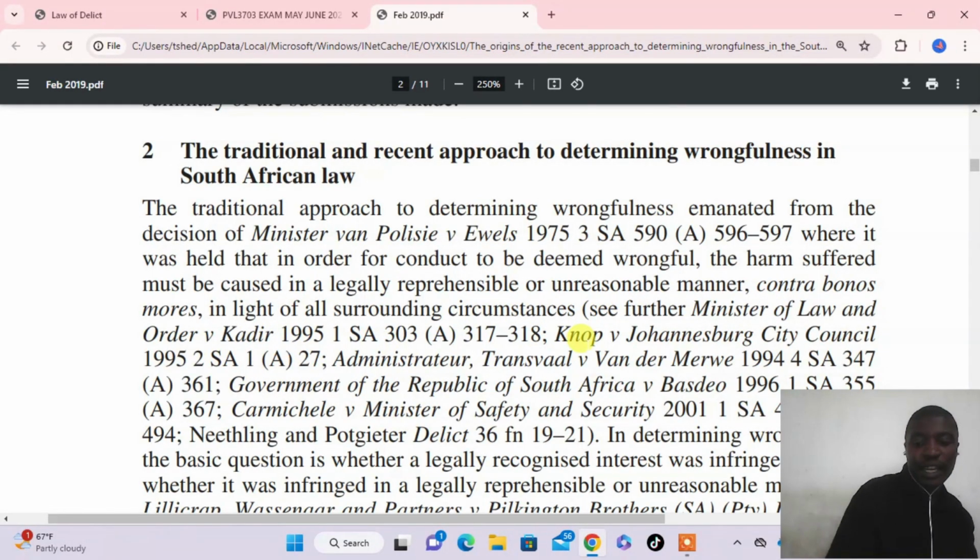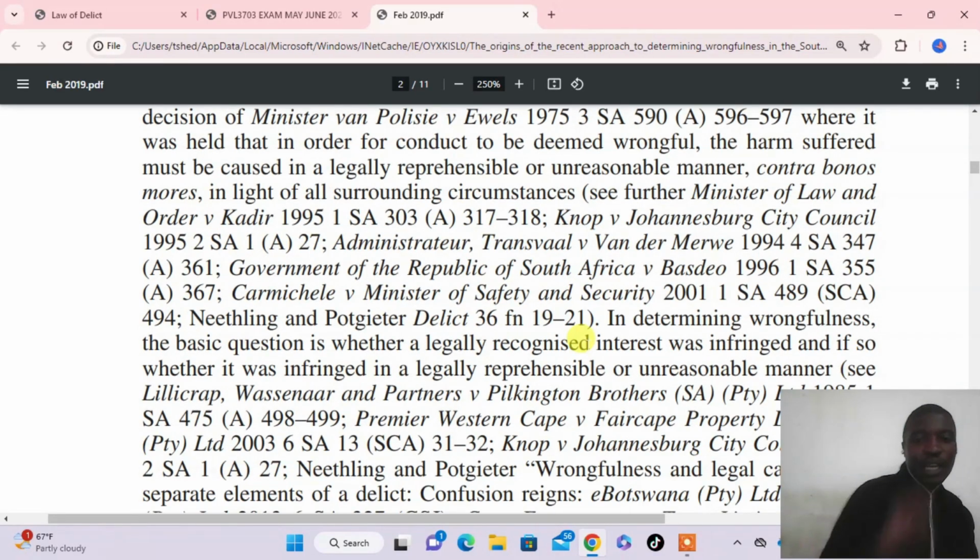And then there are some cases there. In determining wrongfulness, the basic question is whether a legally recognised interest was infringed, and if so, whether it was infringed in a legally reprehensible or unreasonable manner.